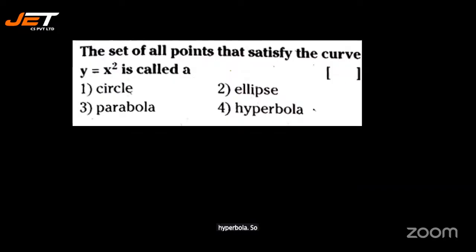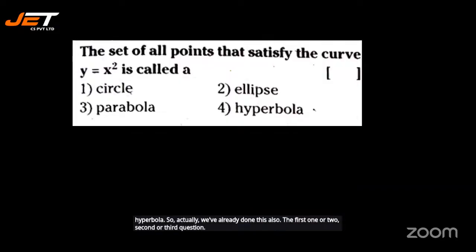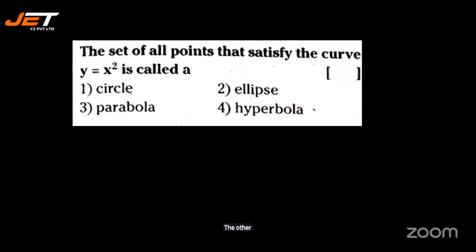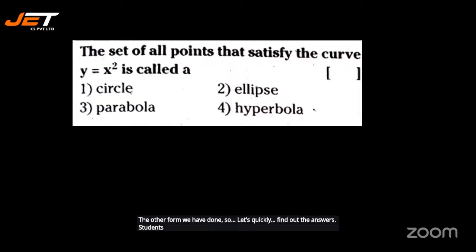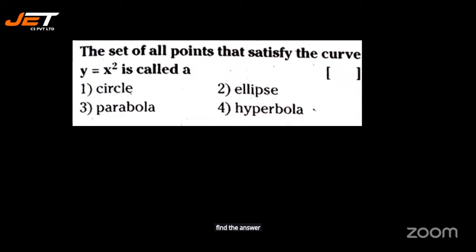So actually we've already done this in the first one or two, second or third question, I don't remember, but we have done this, the other form. So let's quickly find out the answer. Students, I'm giving you time, not more than 1 minute. Quickly find the answer and put it in the chat box.